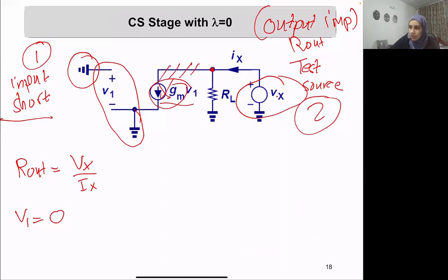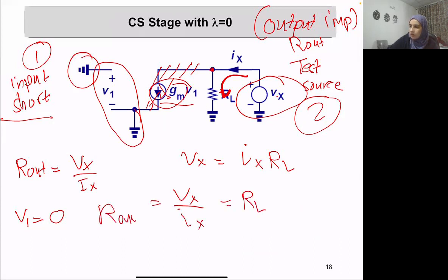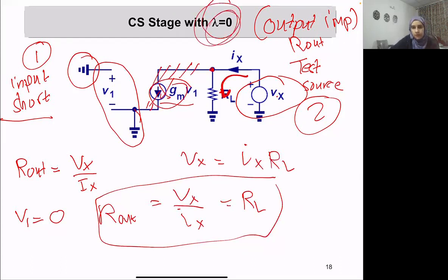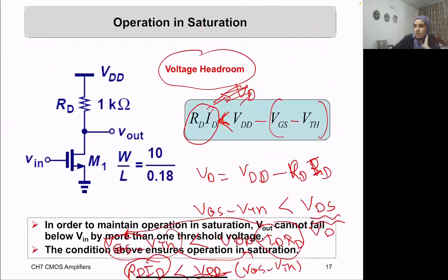So no current is coming in this branch, and therefore the entire Ix is going through RL, and therefore Vx is equal to Ix multiplied by RL, and therefore Vx over Ix equals RL, and this is the output impedance of this amplifier when lambda is equal to 0. So here the output impedance is the same as the load impedance, the same as RD, which is appearing here.